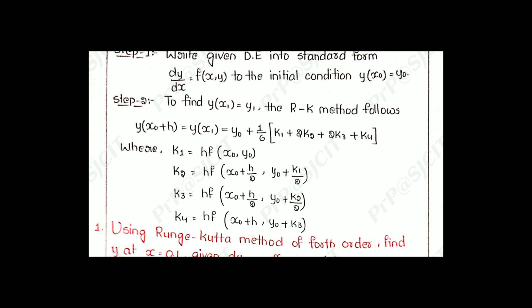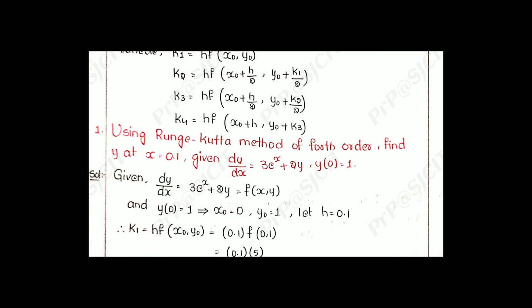K1 means h of f of x naught comma y naught. I already told in the above questions how to find f of x naught comma y naught. Substitute the x naught, y naught values from the given question in the given function, then we get f of x naught comma y naught. This is the formula to find k2, this is the formula to find k3, and this is the formula to find k4. Remember this formula, it is a must and very important.